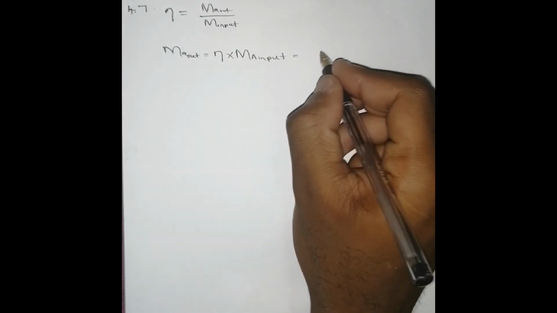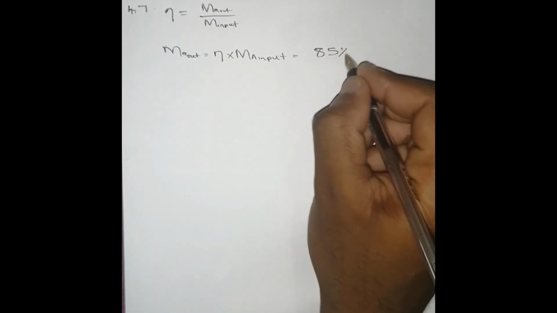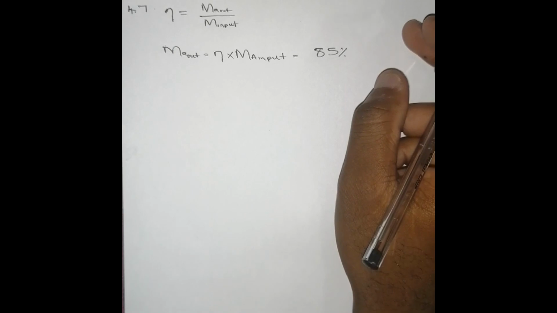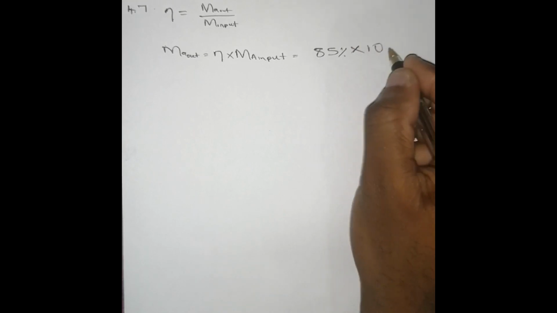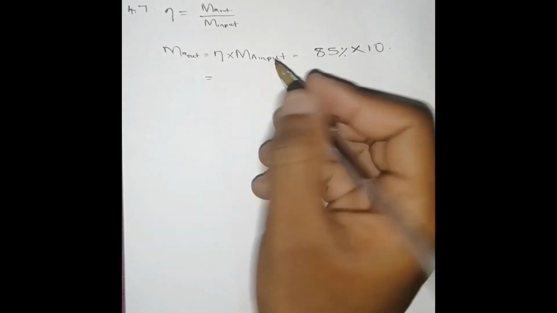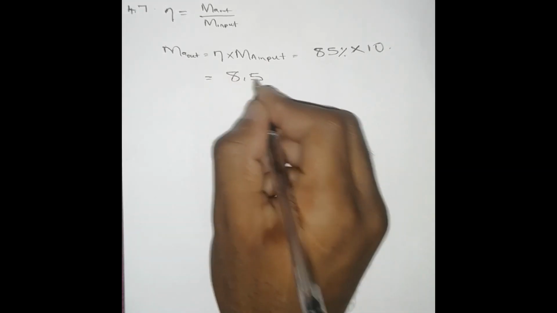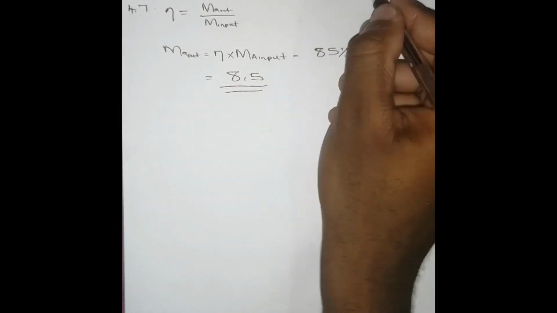So that's 85%, since the mechanical advantage has to do with the external operation of the hydraulic system, times the given mechanical advantage, which is 10, and we end up with 8.5. That's it for question 4.